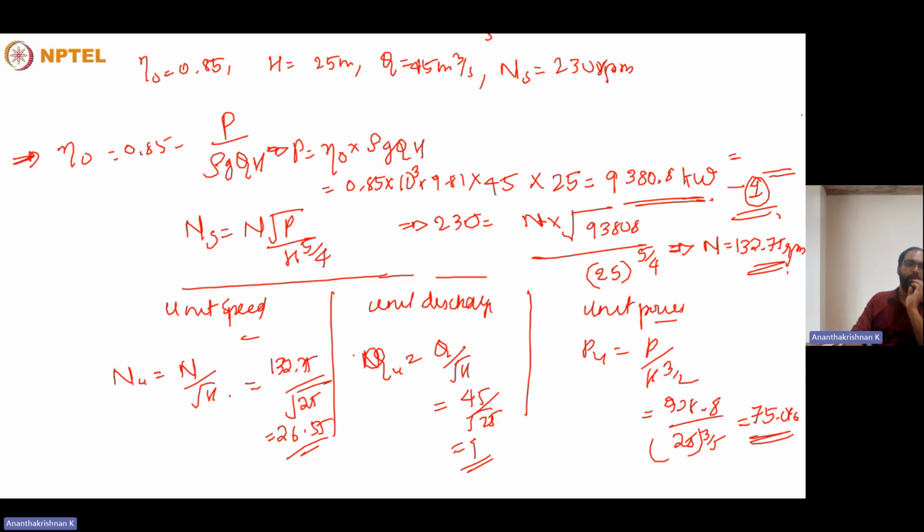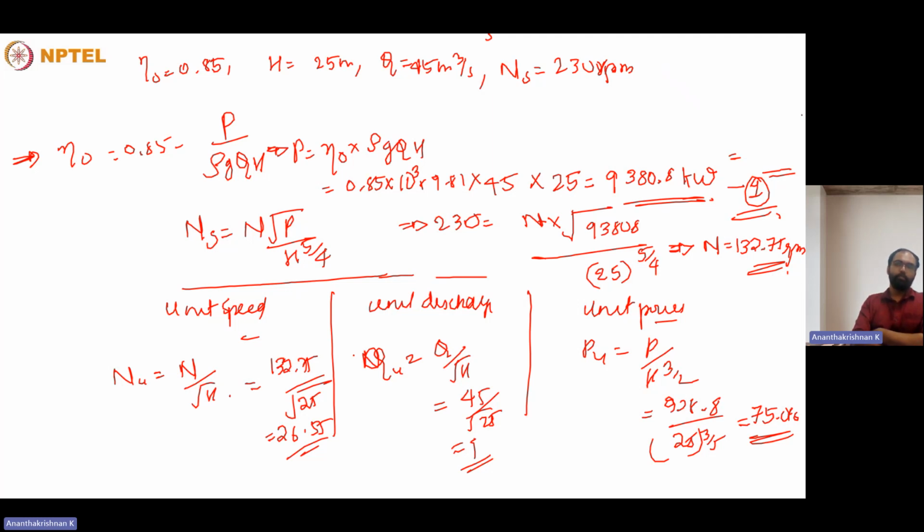So it will be a quantity with unit, the unit speed quantity, unlike the dimensional form of the specific speed. In one of the previous discussions, I told that the specific speed could be represented in the dimensionless and the dimensional form.